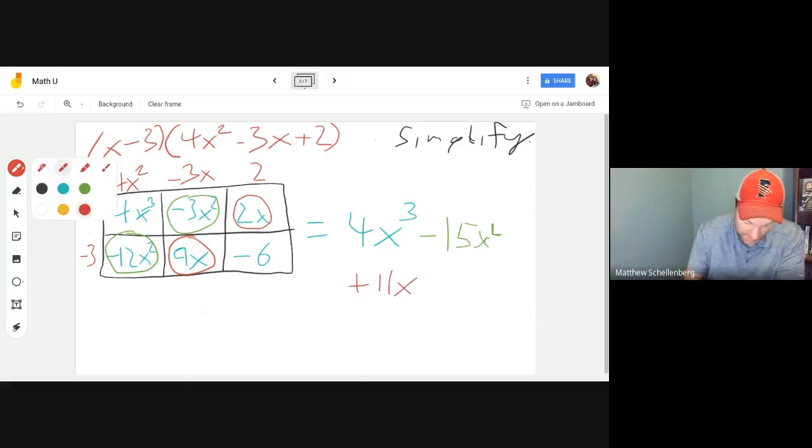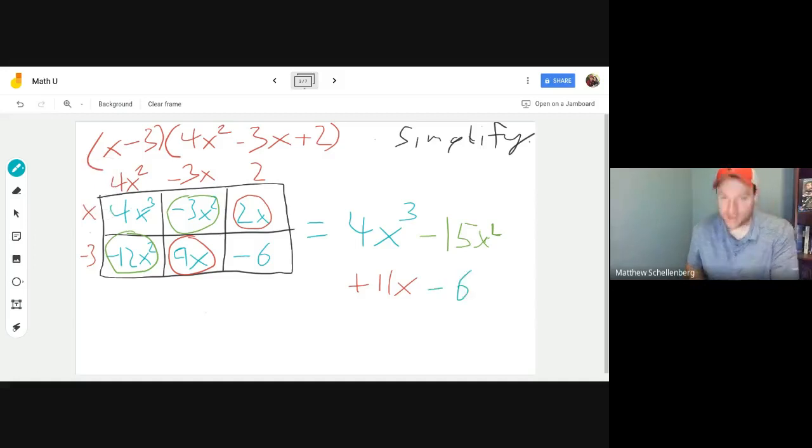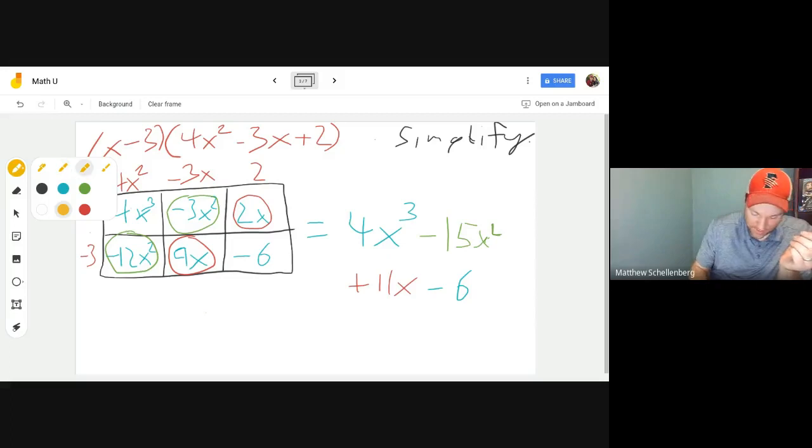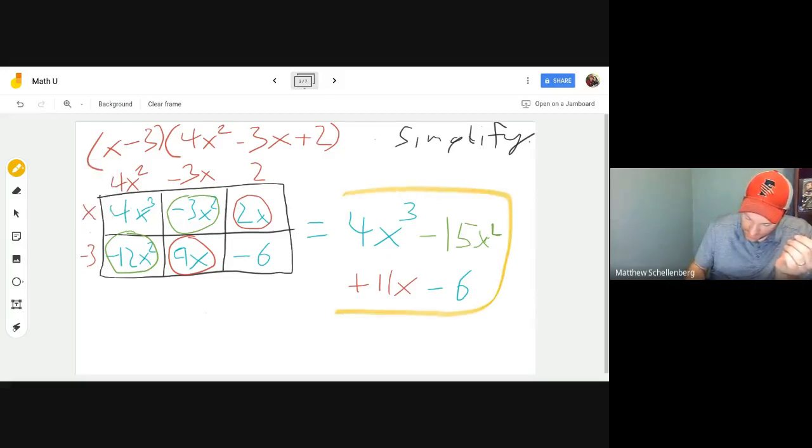And finally, -6. There's nothing else to do to simplify. You cannot combine terms that have different exponents. So this is it. This is my answer to the first one.